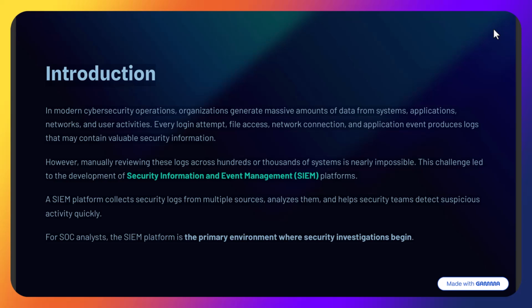Because of this challenge, cybersecurity professionals developed a technology, all right, known as the SIEM platform. A security information and event management platform, which is SIEM, collects logs from many systems, analyzes them, and helps security teams quickly detect suspicious or malicious activity.